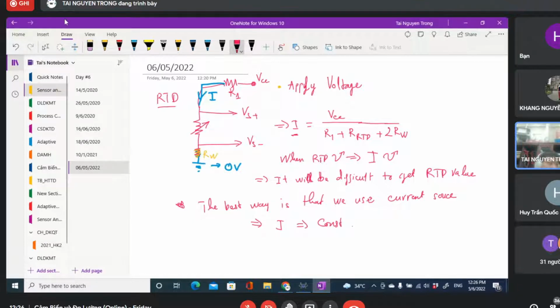When the current source is constant, it will be easier to take the linear relationship, because otherwise it is a non-linear relationship.